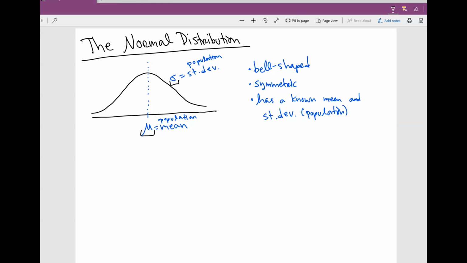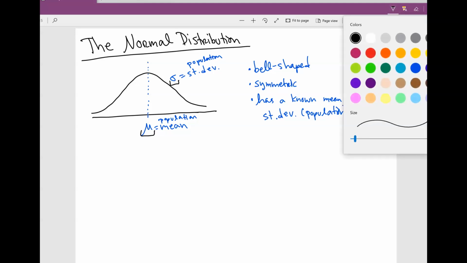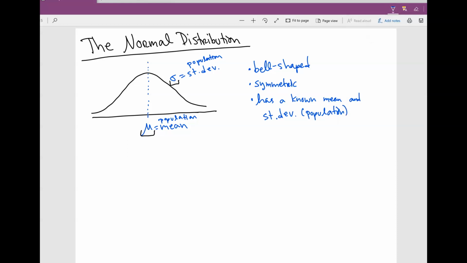Now that's not necessarily true, and we've done enough stats to know that it is not possible for me to get every single possible person in San Diego, for example. There's no way. And also, something else that we know about continuous distributions is that the area is equal to 1, or 100%.